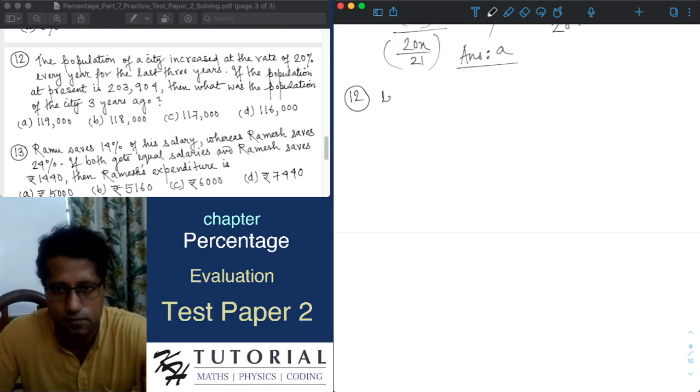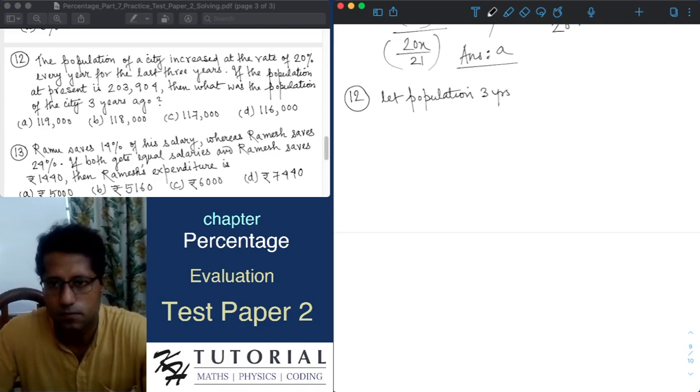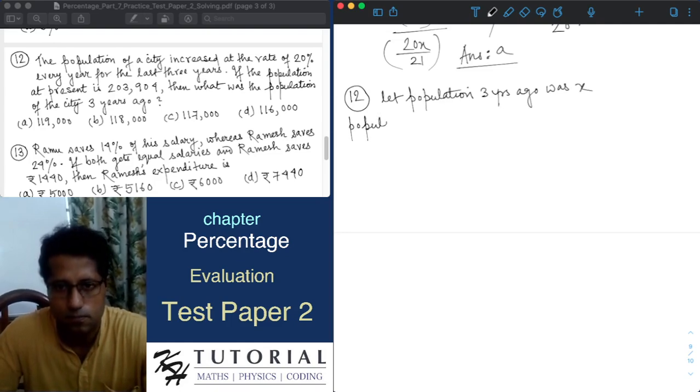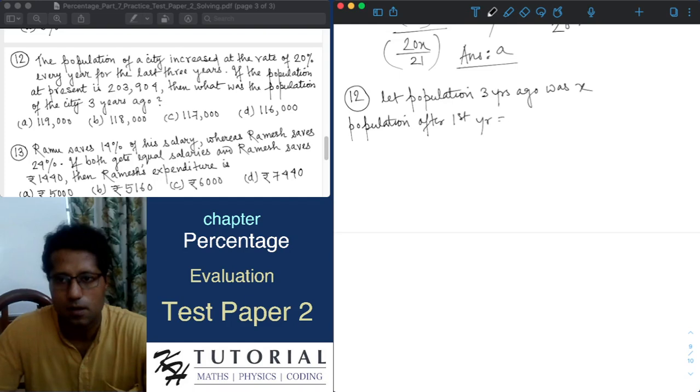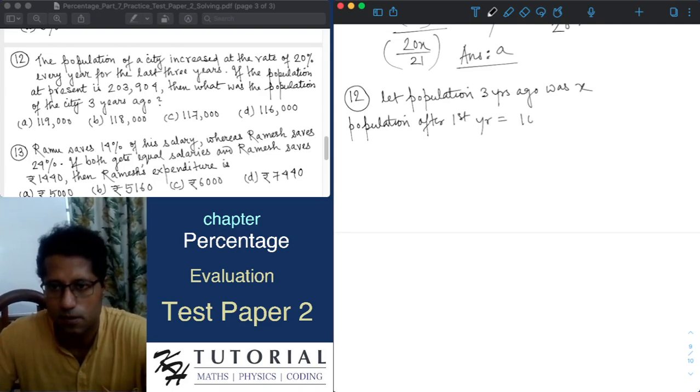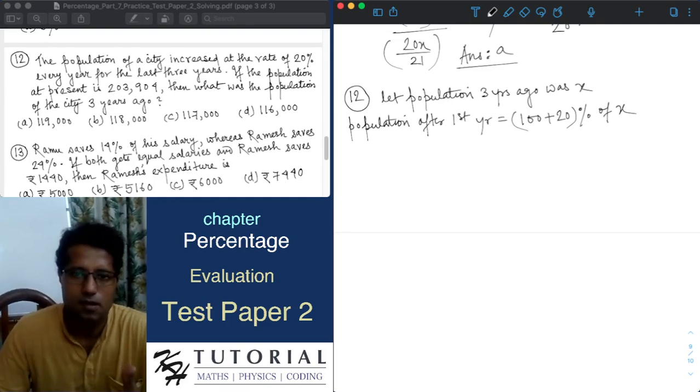So let the population three years ago be X. The population after the first year should be 20% more than the population at the beginning of the year, which means it should be 100 plus 20% of X, where X is the population 3 years ago.